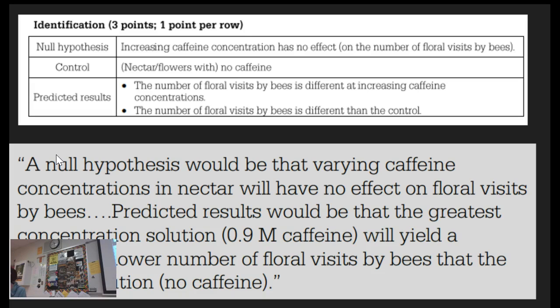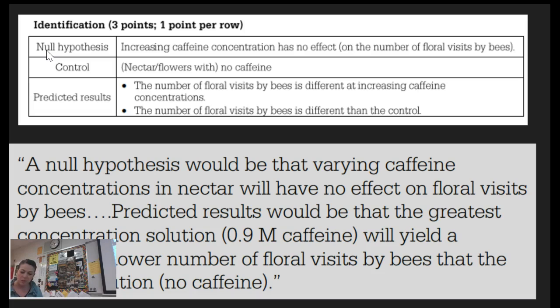Let's look at the key for the first part of C. Oh, no, this is what they want you to do. Okay. So, as you're designing that experiment, they want to see that you did a couple things.